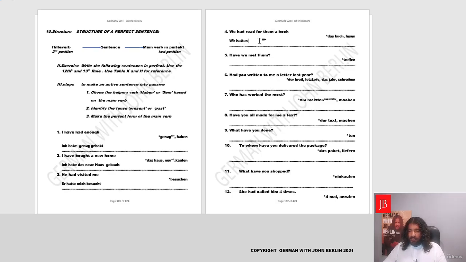So basically dative third person plural. It'll be sie, ihnen. We'll write the little ihnen. Wir hatten ihnen. What had we read for them? A book. Accusative. It'll be like den, die, das. Das has no ending. So it'll be like ein Buch. Yes. The verb is to read. Lesen. We'll add a GE and write gelesen. Fantastic. Yes. Wir hatten ihnen ein Buch gelesen.